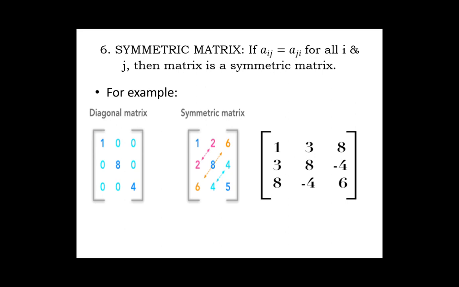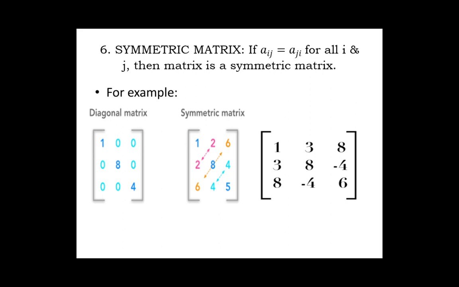As I told you, ij represents the position of A, right? ij defines the position of number A. Position of number A means this Aij means ith row and jth column. In the ith row, jth column there is a number A. Clear? This ij defines the position of a number A.